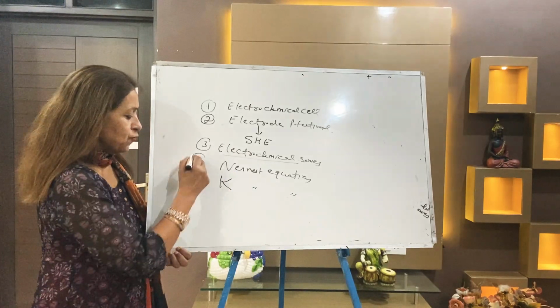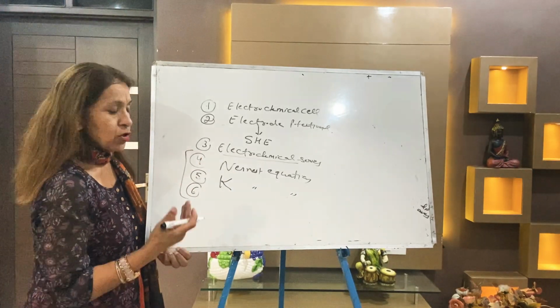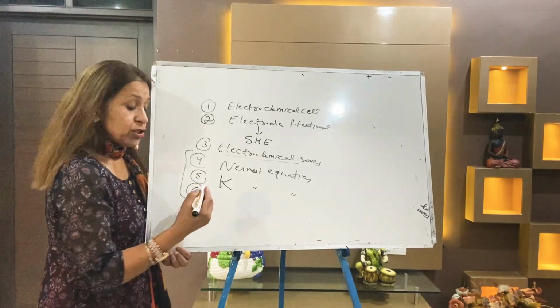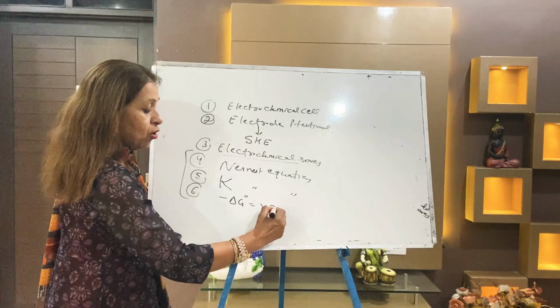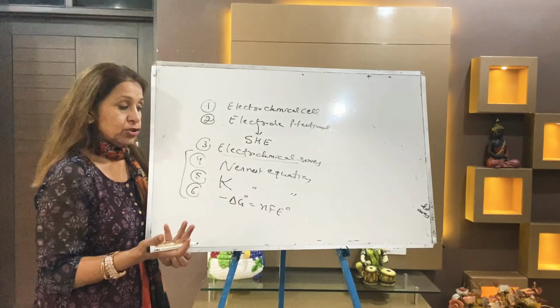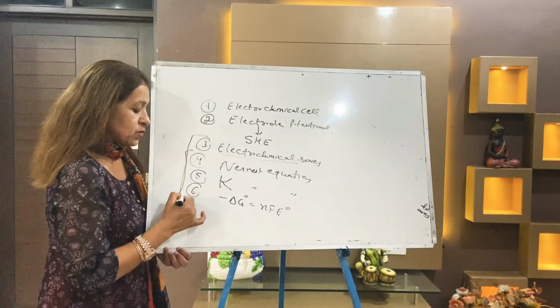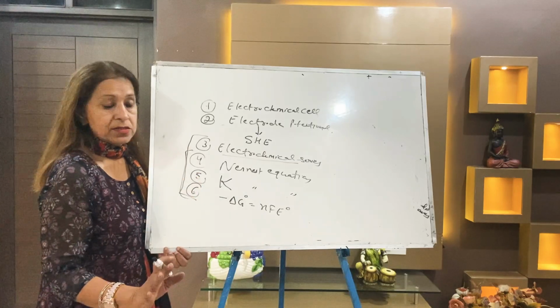Topics 4, 5, 6 were very important because they are the same topic. Then the relation between free energy and cell potential: delta G naught is equal to minus nFE naught. So topics 3, 4, 5, 6 were full of numericals.